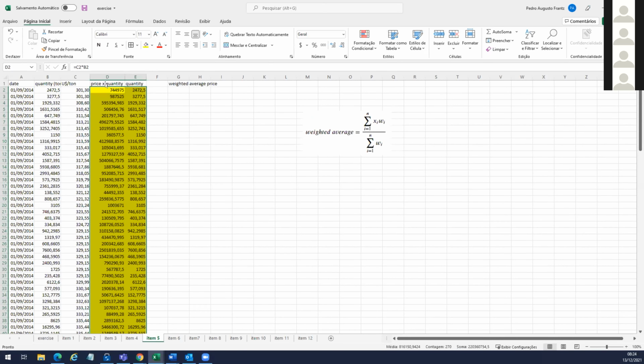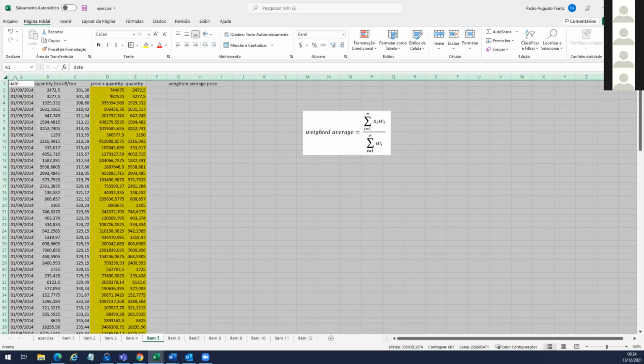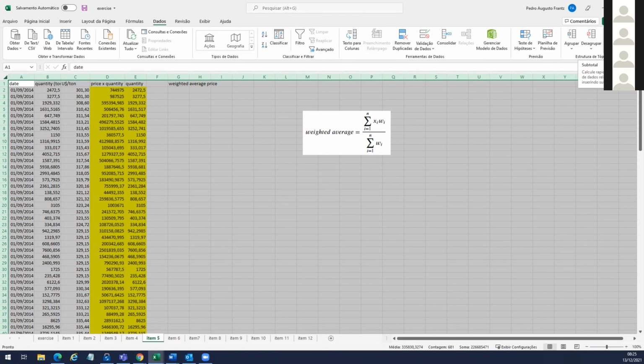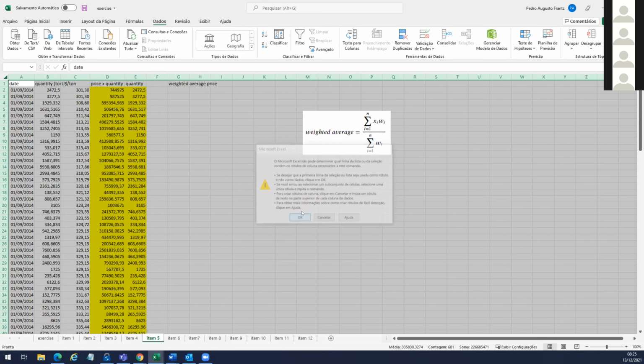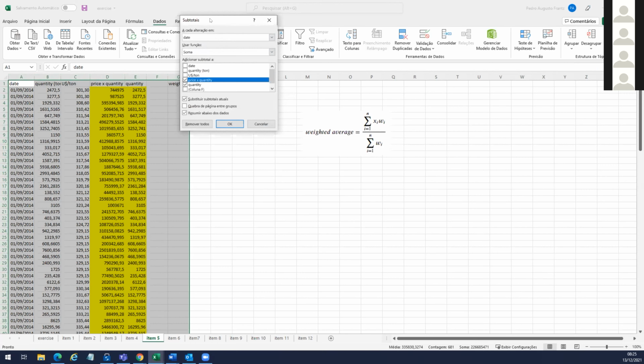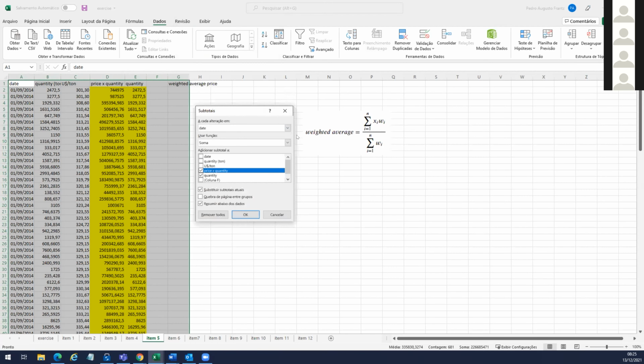Now I will use an Excel tool that makes our work easier. I will mark all the database, and in Data, here in Portuguese dados, in English data, there is a formula subtotal. I will choose this aggregate formula.